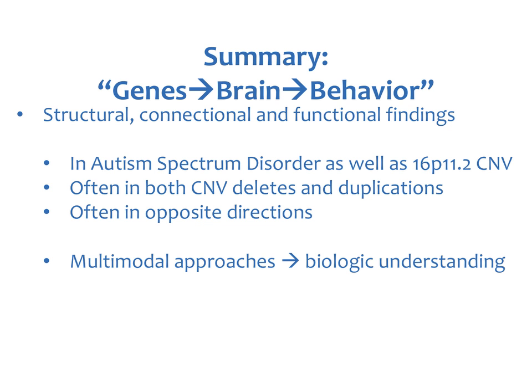What we see with both the structural and the functional imaging is really quite commonly effects that are different from typical development in both 16p11.2 deletion and duplication carriers. And often, but not always, these effects are going in opposite directions, suggesting that there's perhaps an effect of what we call gene dosage.